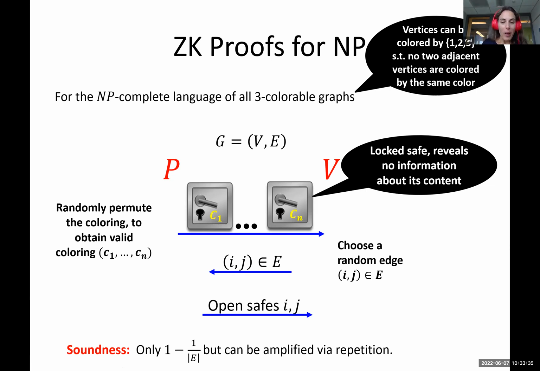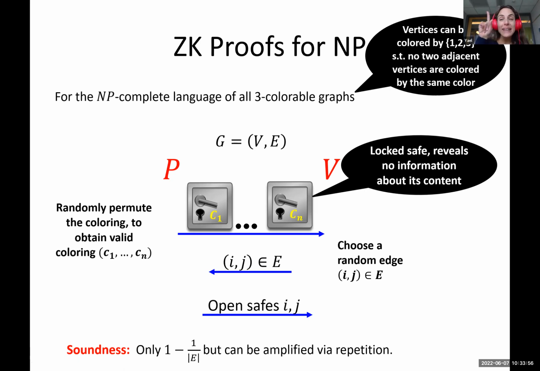So the problem is the soundness error here is very high. It's very close to 1. Completeness is 1, but the soundness error is also very high. The only thing I can argue is that I will be accepted with probability at most 1 minus 1 over the number of edges.